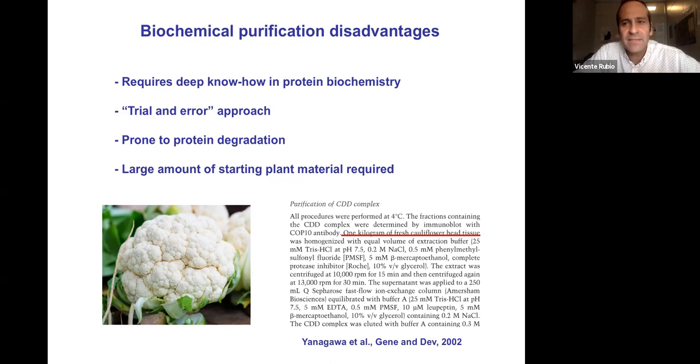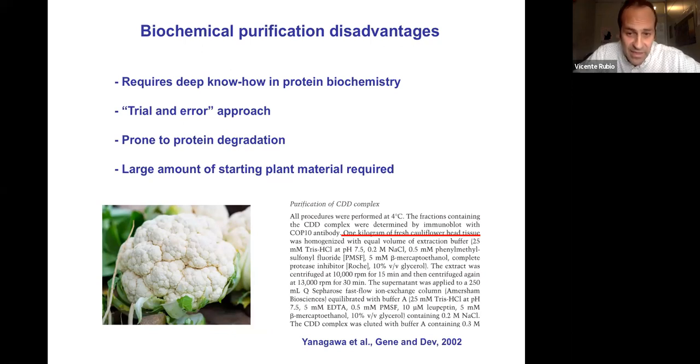So it's also a bit blind. And also, as you could see, it's prone to degradation because there are many purification steps in which you can lose your proteins or proteins of interest. And also, as I said, it requires a large amount of material to start off.